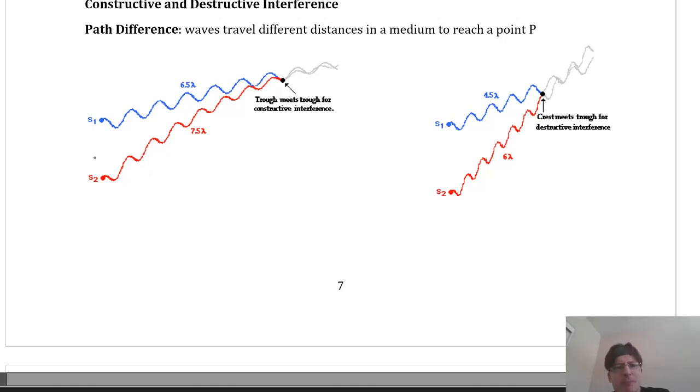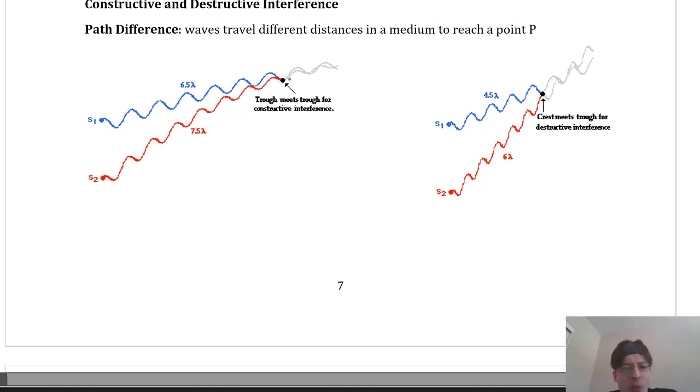So the trick is that the waves will be in step with each other at the measurement point, depending on how far the waves have to travel. In this example, the waves from source one travel 6.5 wavelengths to get to that point. The waves from source number two travel 7.5 wavelengths to get to that point.